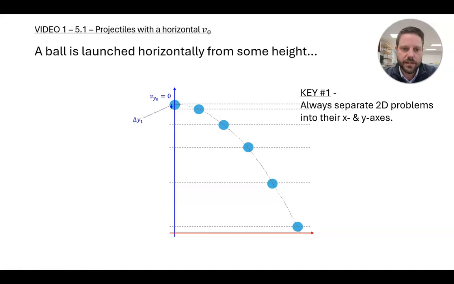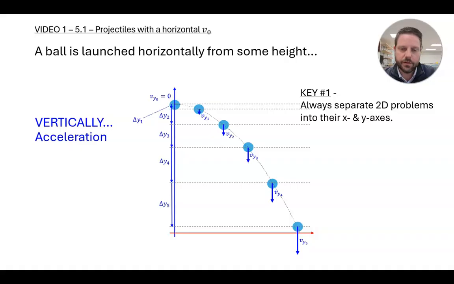In the first second, there'd be a little tiny delta y. During the second second, there would be a bigger delta y, and then a bigger delta y for each consecutive second after that. This means that the velocity at each moment is increasing, which is what gives it that parabolic shape of its trajectory.